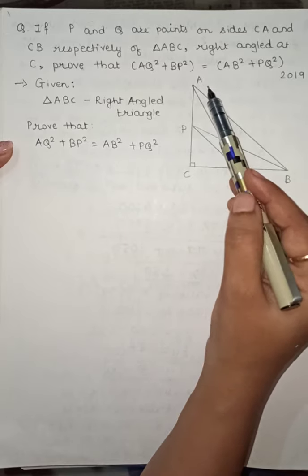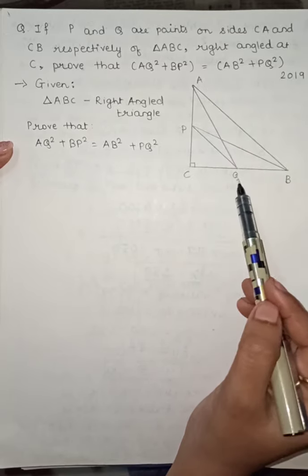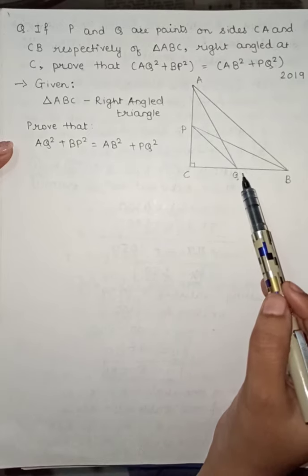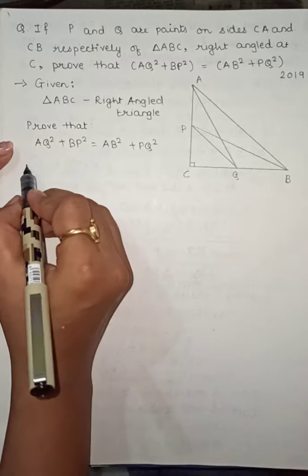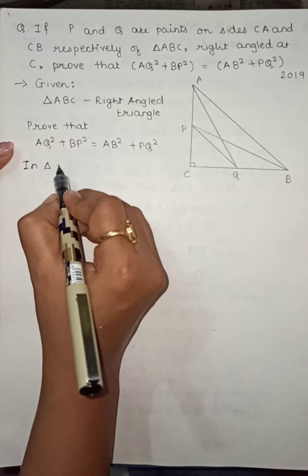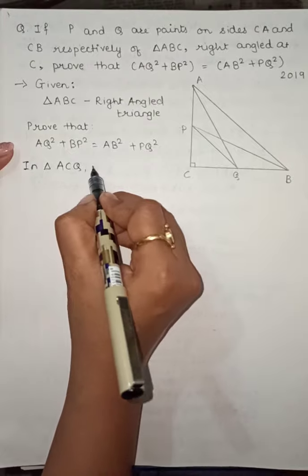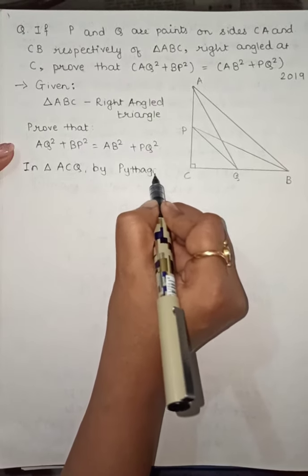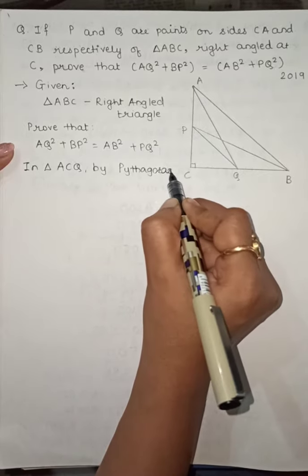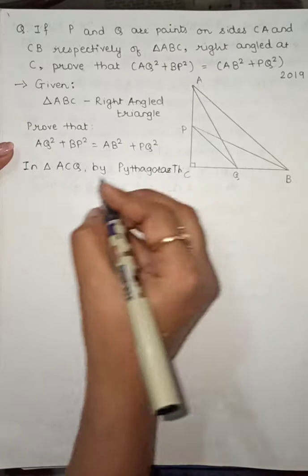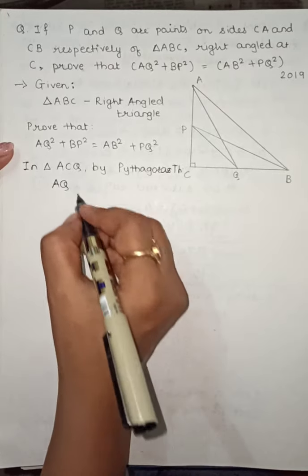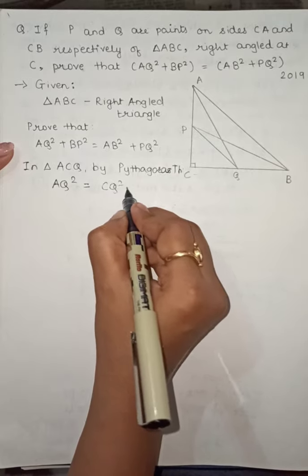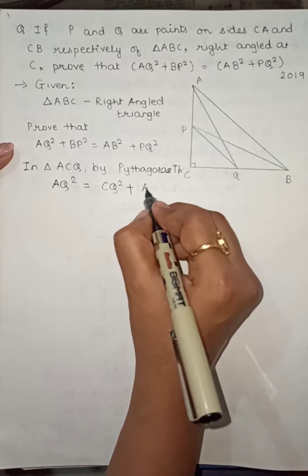So as you can see, ACQ is a right angle triangle in which AQ is the side. Okay, so I can apply Pythagoras theorem in that triangle. So let us write, in triangle ACQ by Pythagoras theorem, hypotenuse, which is AQ square, is equal to base, that is CQ square, plus height, that is AC square.